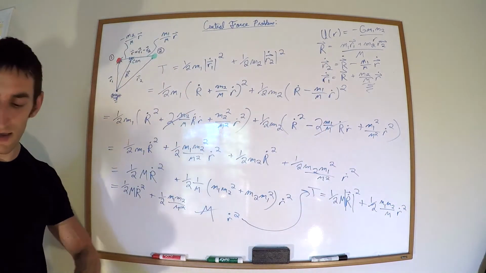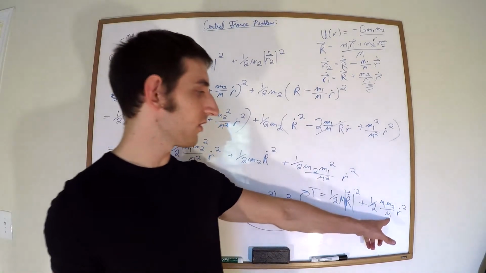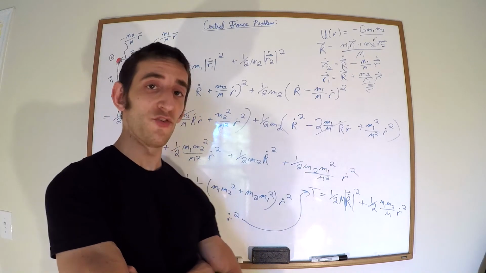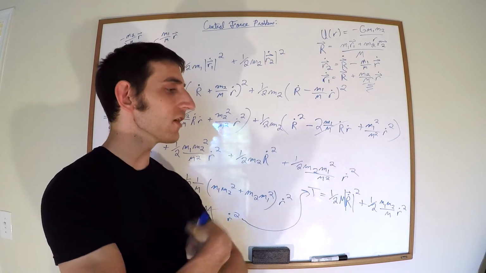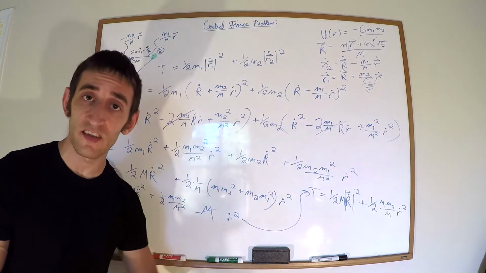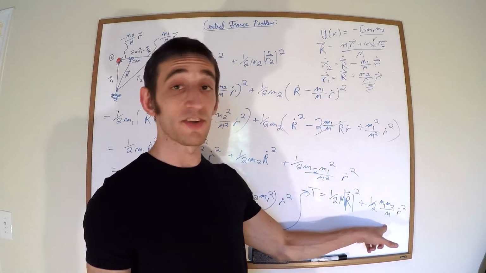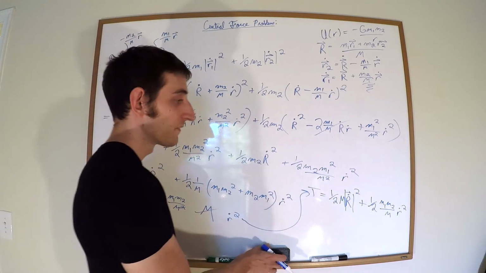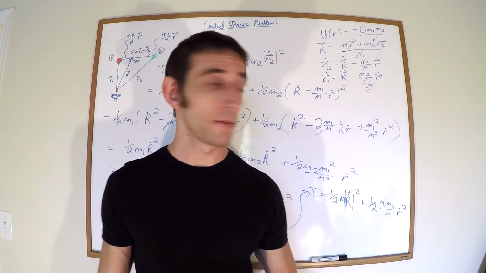Now what I'm going to ask you is, what in the world is this guy here? That M1 M2 over big M. Does that look familiar at all? I hope it does. Depending on how far you are in physics, you may have seen this before, you may have not seen it before, but this guy pops up all the time. This is defined as the reduced mass mu. It has the symbol mu.